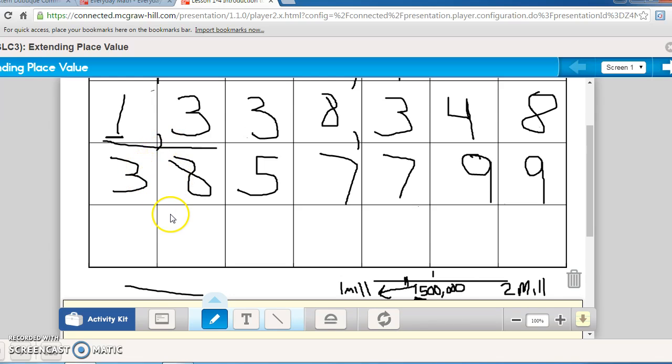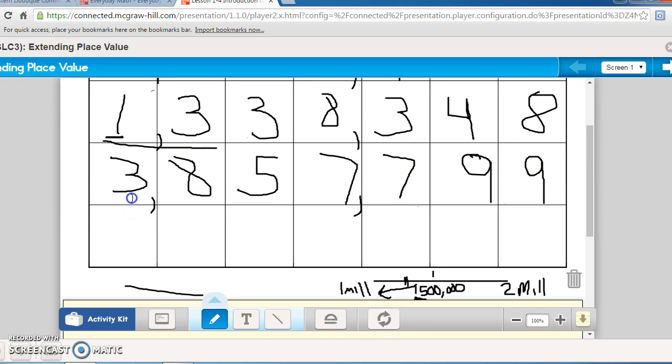Because it's in the millions, I know my comma already goes here. 1, 2, 3, thousands always goes there, and my last number. Okay? Let's say that number together. Whisper say it. 3 million, there's my comma, that tells me I need a word, 857,799.